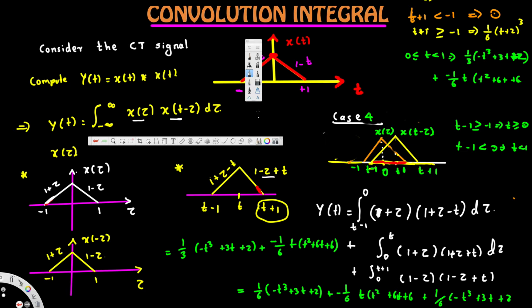So this one is minus. And we are looking at 0 to t. We have upper slope of this one, but x of tau is down slope, that is what? 1 minus tau. So this one should be minus.